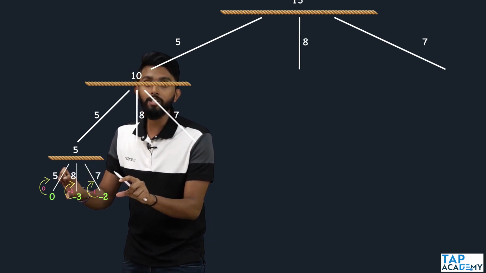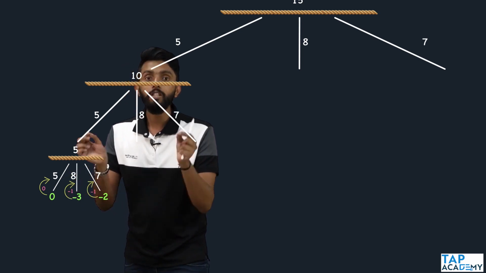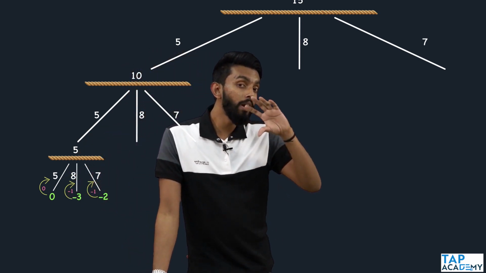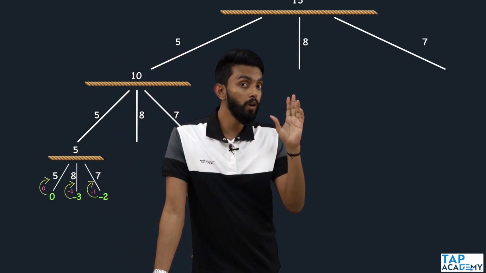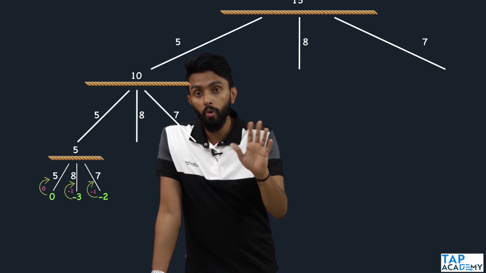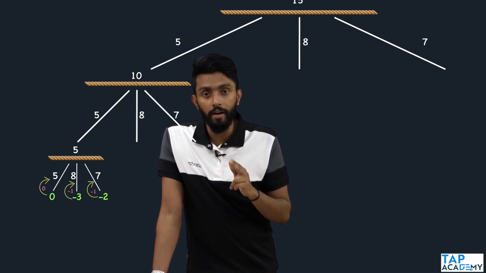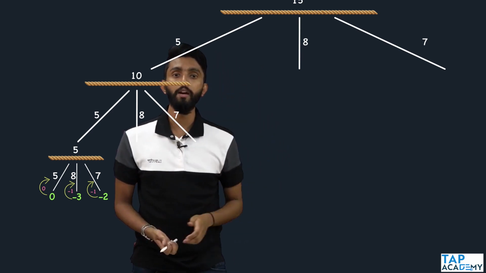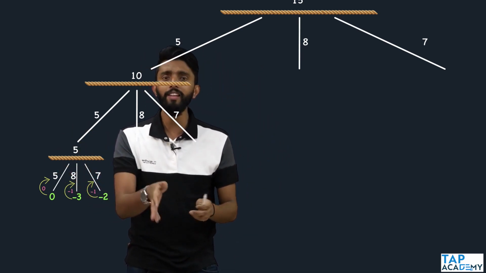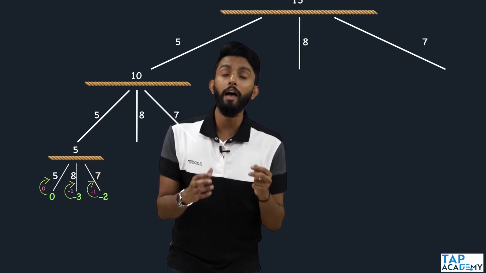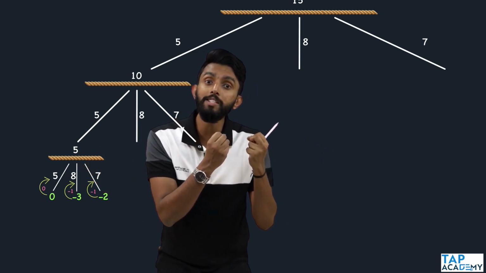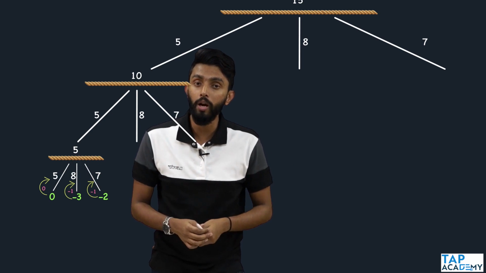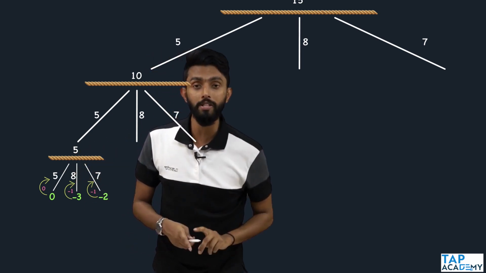You find the max of all the 3 values which is returned, and whatever is the max, check if it is equal to minus 1. If it is equal to minus 1, you know that a piece was not made. If it is not equal to minus 1, you know one piece was made successfully. It could be of length 5, length 8, length 7. I am not bothered about it. I am bothered about keeping track of how many pieces ultimately the rope is being cut into, right? Here now I understood, yes, one piece it is being cut into.